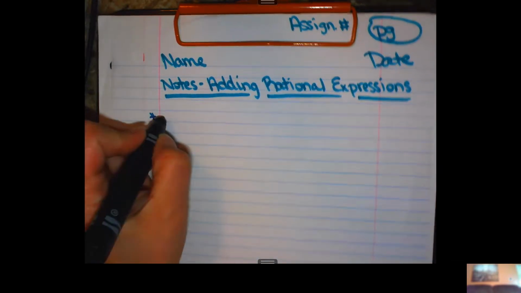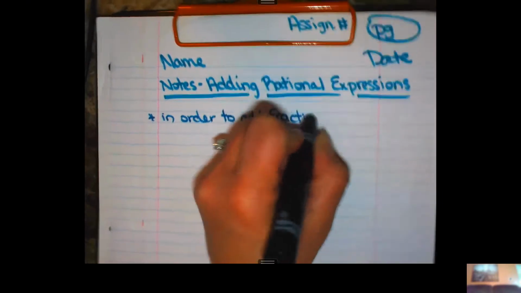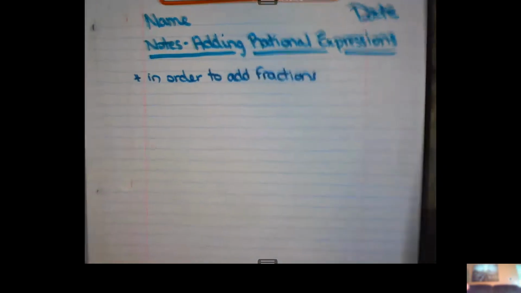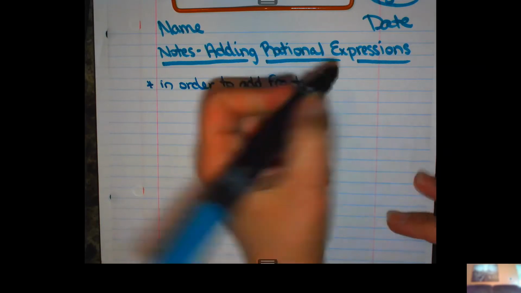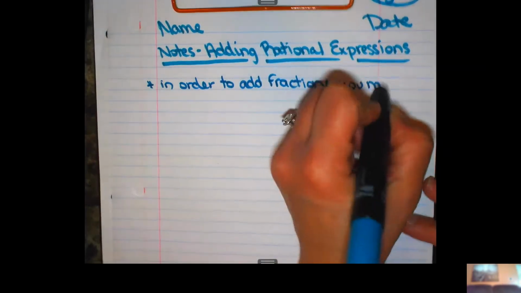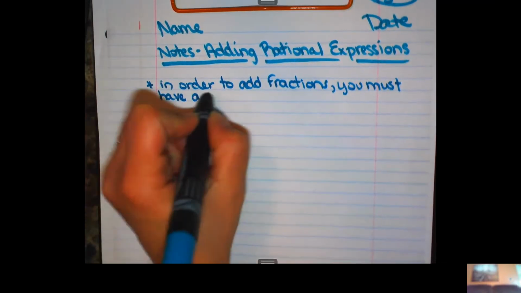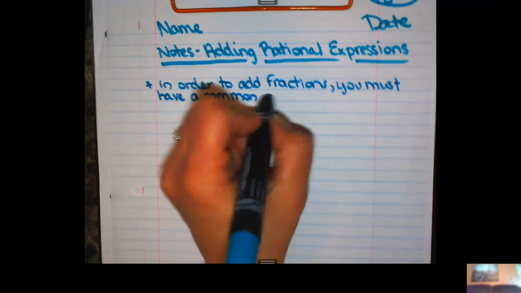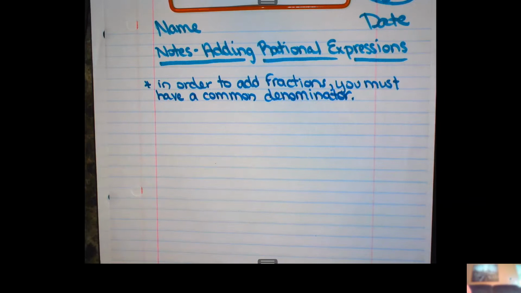Can you write: in order to add fractions, you must have a common denominator. What that means is you cannot add or subtract until you have a common denominator.